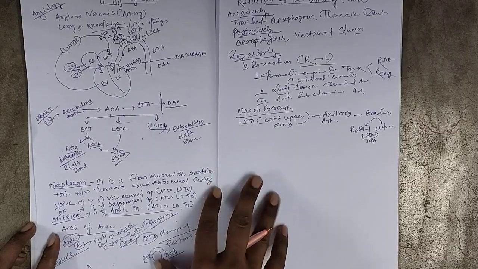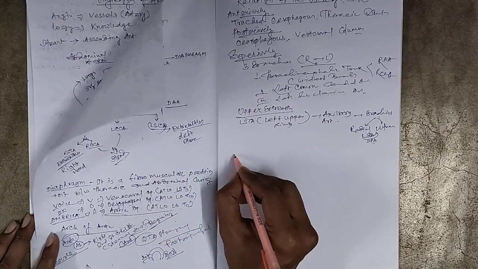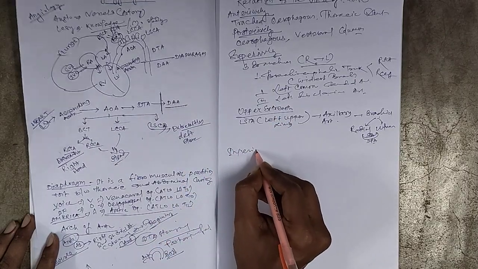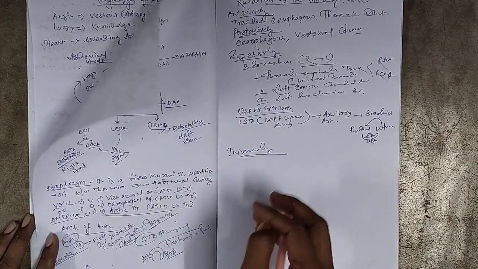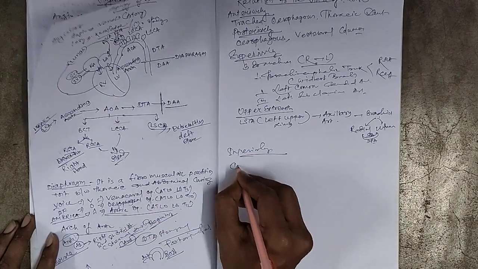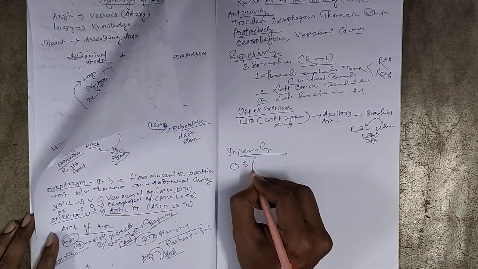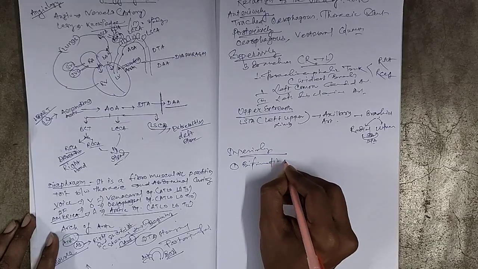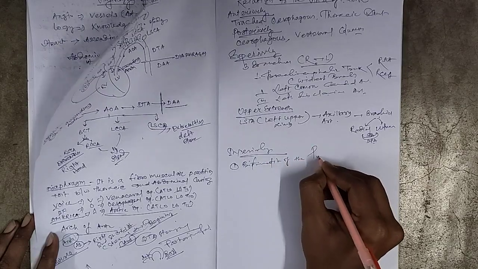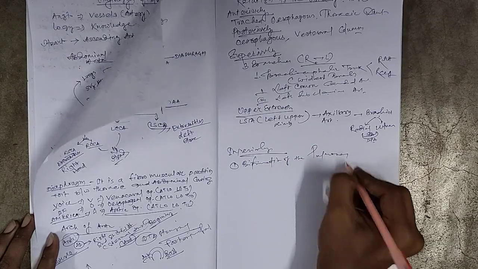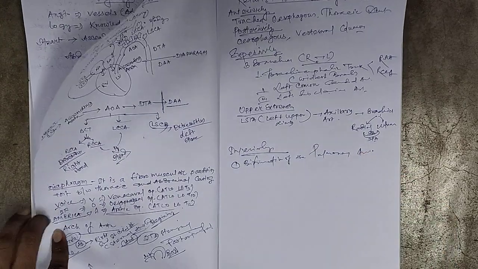Now we will see the inferior relations. Inferiorly, number one, the bifurcation of the pulmonary artery.